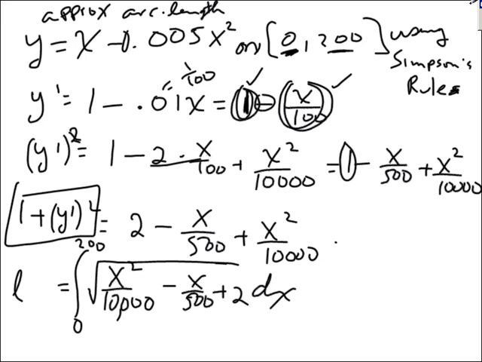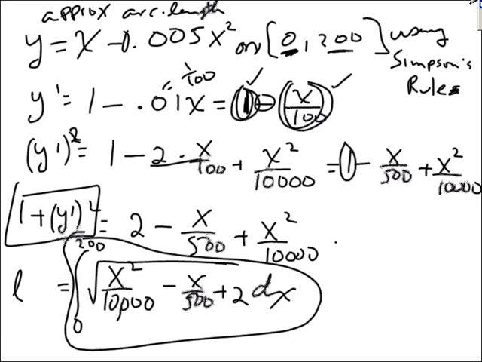So now you're going to have to approximate this with Simpson's Rule, and you probably should use n equals, I don't know, 50. n equals 10 would be good.